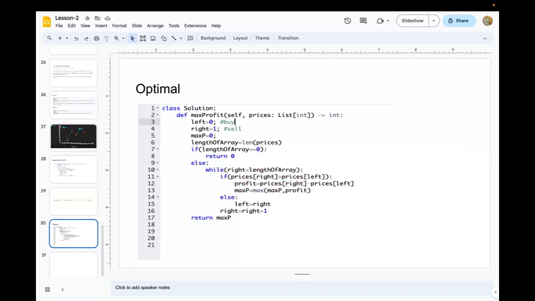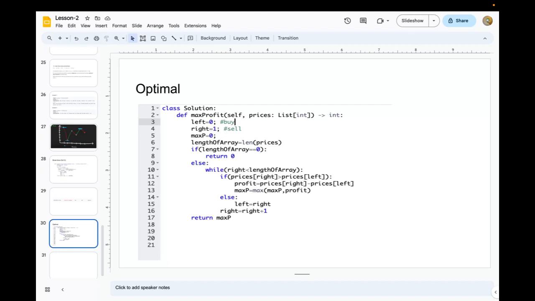We'll keep a left pointer at the 0th position and the right pointer at the first position. We'll initialize a variable called max profit, and take the length of the array prices. If the array is completely empty, no profit can be found and you return 0. Else you move the right pointer such that it stays less than the length of the array.